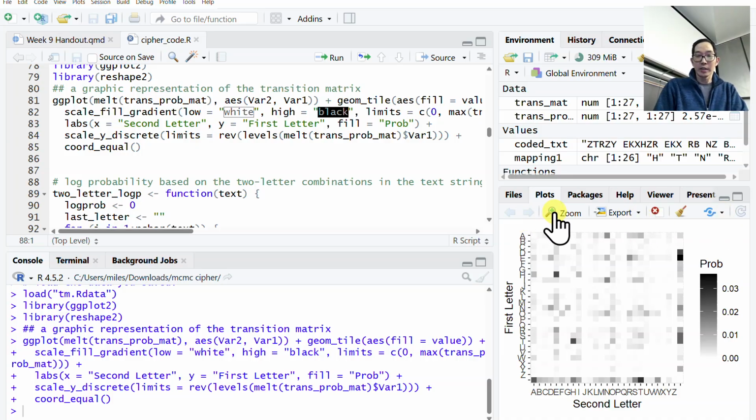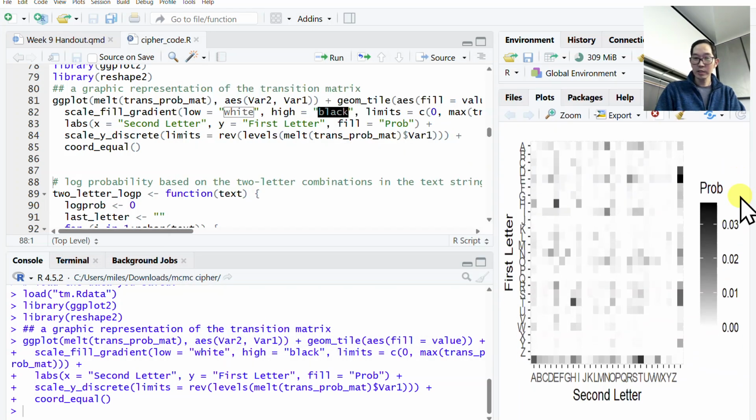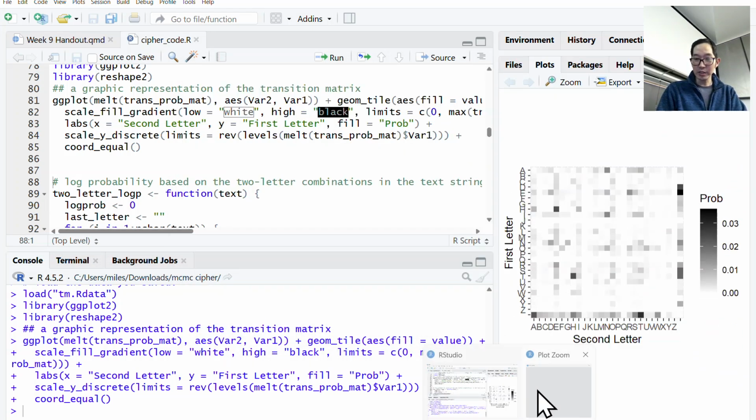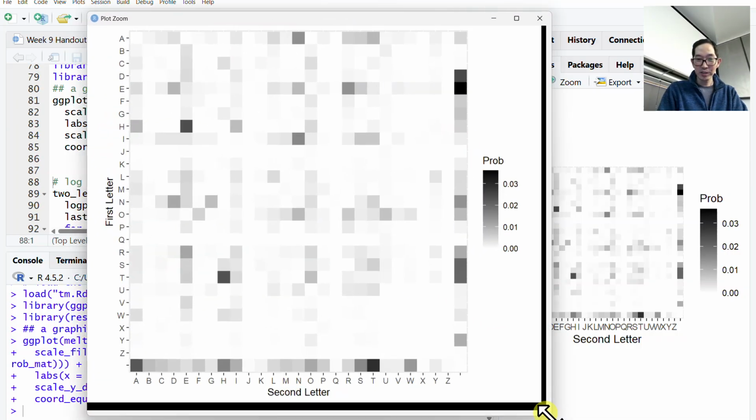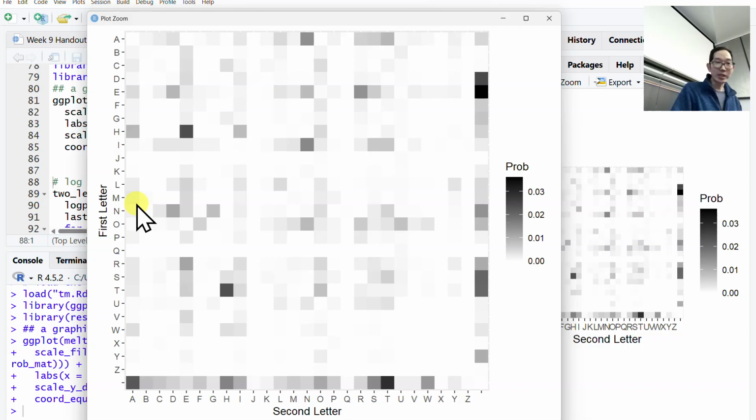This is the transition probability matrix of if your first letter is A, what's the probability it gets followed by each other letter. Darker spots means it's frequently followed by that letter.